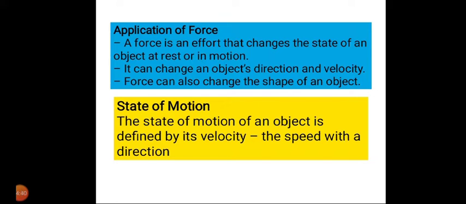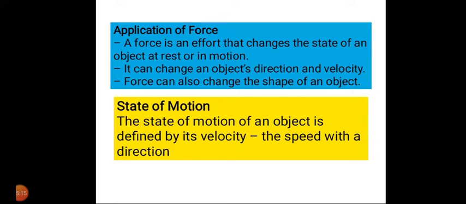So if the object is at rest, then by applying the force the object may move, and if the object is in motion and we apply the force on that moving object, the object will come to a stop, means it will be at a stationary position. It can change an object's direction and velocity. By applying the force, the direction of the object can be changed and its velocity can also be changed.